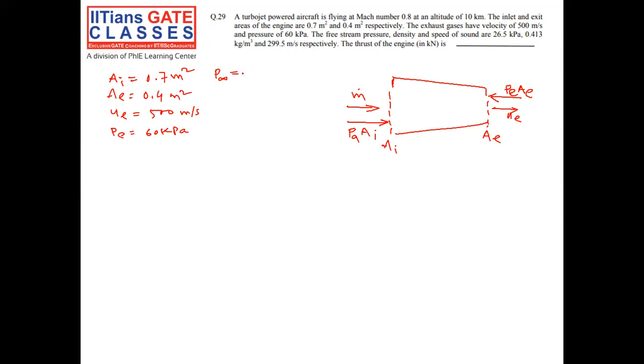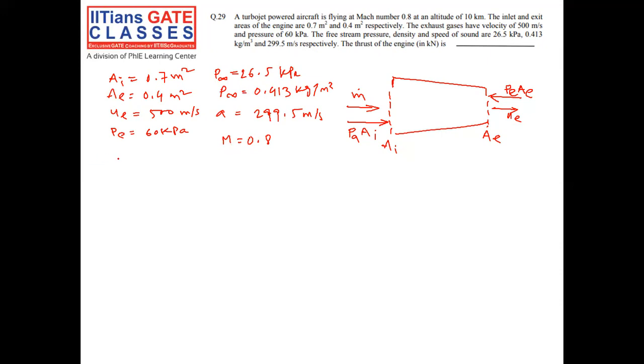Free stream pressure is 26.5 kilopascal. Free stream density is 0.413 kg per meter cube, and speed of sound is 299.5 meter per second. And the engine is flying at Mach number 0.8.